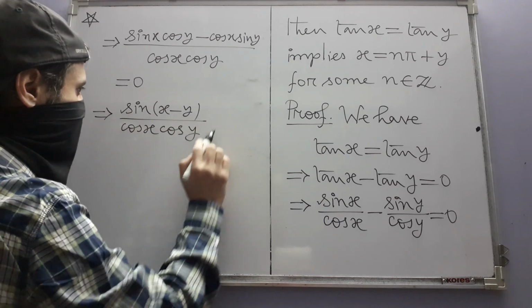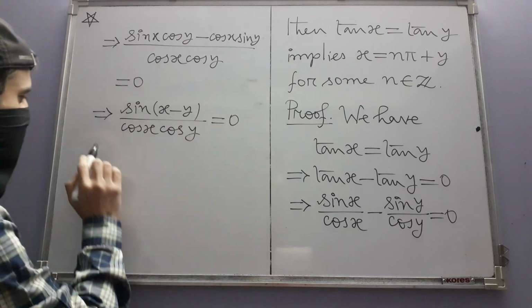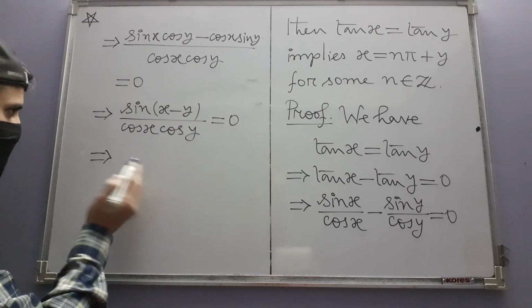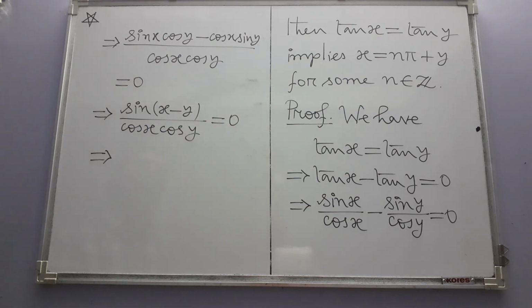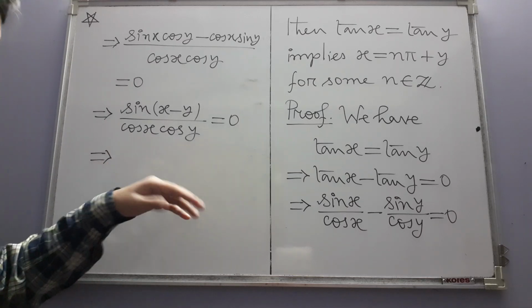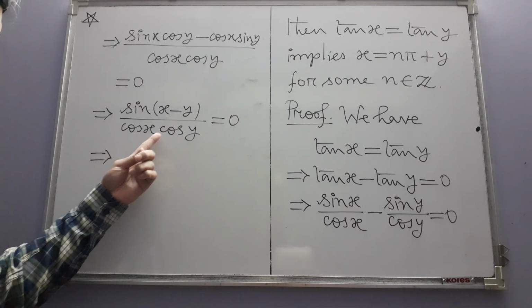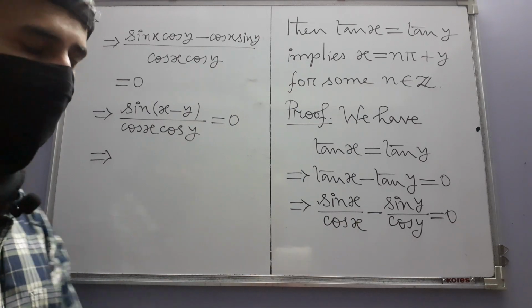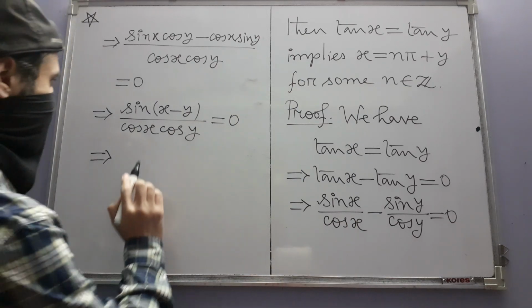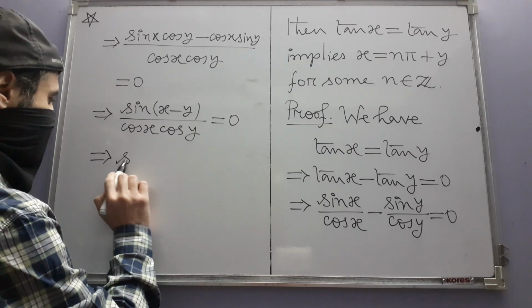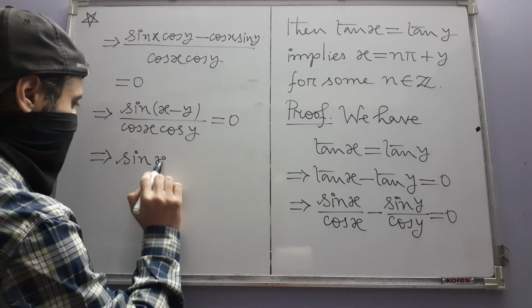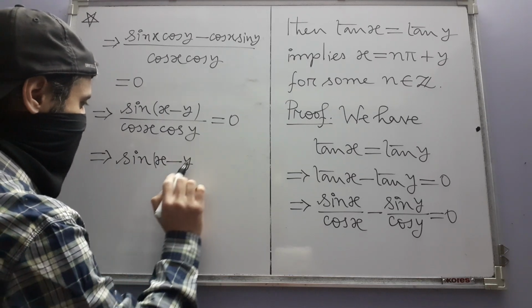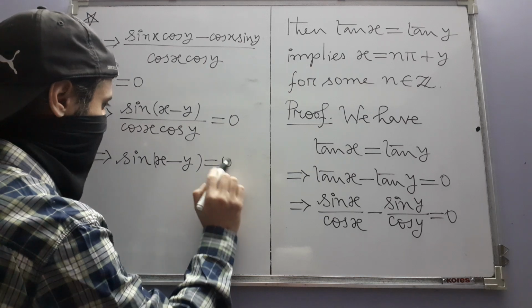The denominator already is non-zero, and this is because x and y are different from any odd integer multiple of pi over 2. So this means that the numerator has to be equal to 0.